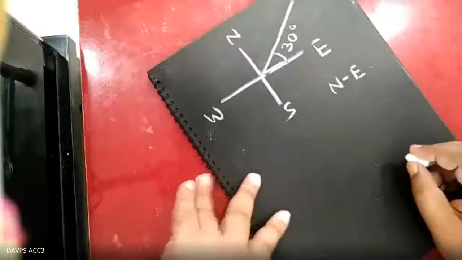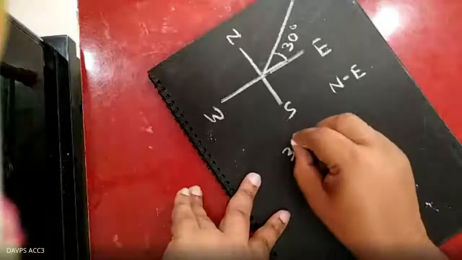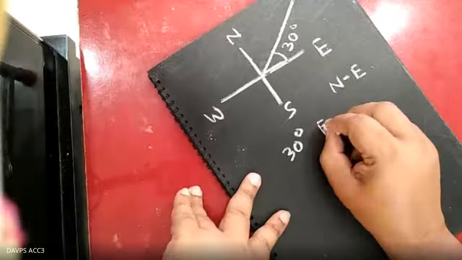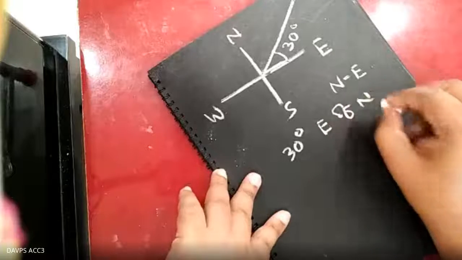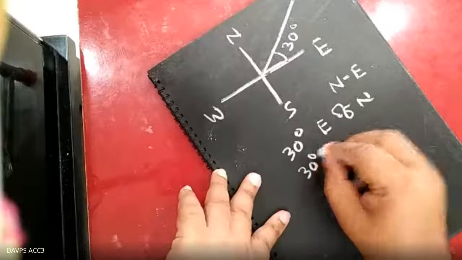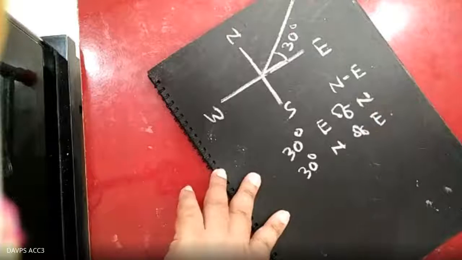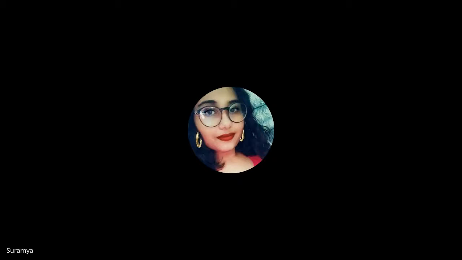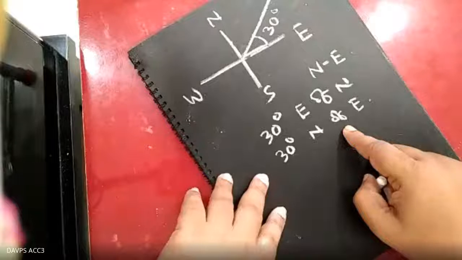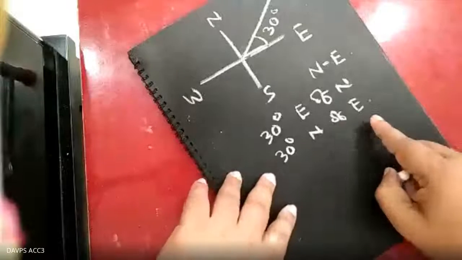Somebody is telling east of north, and somebody is telling 30 degree north of east. Which one is correct? North of east is correct.